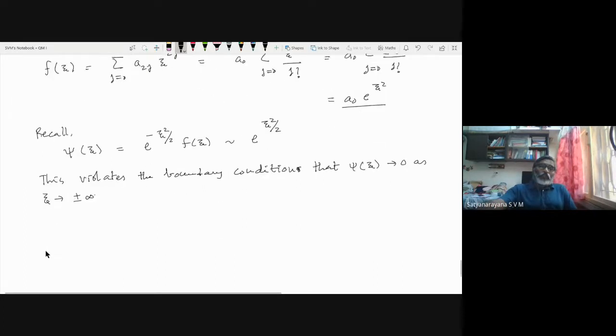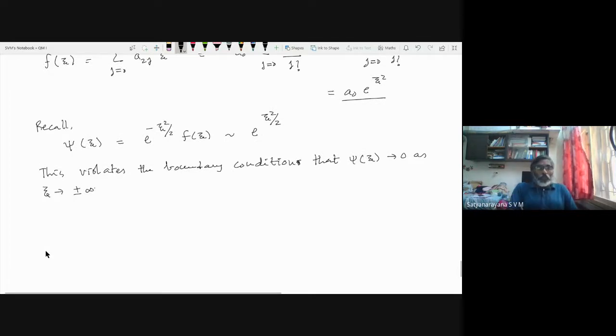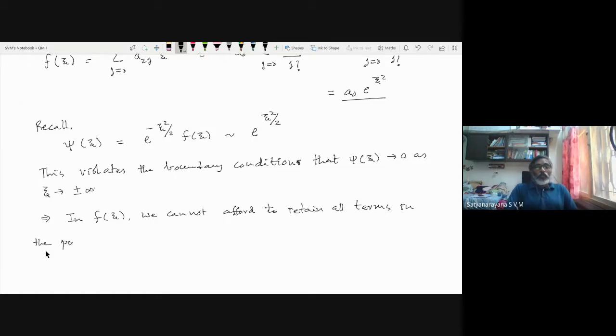The way out is that in f of xi we cannot afford to retain all terms in the power series up to infinity.